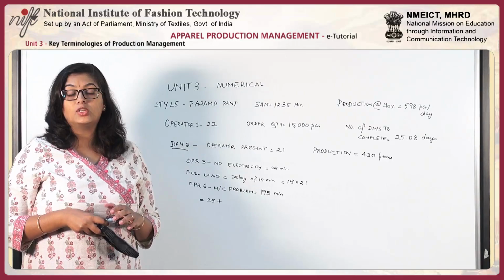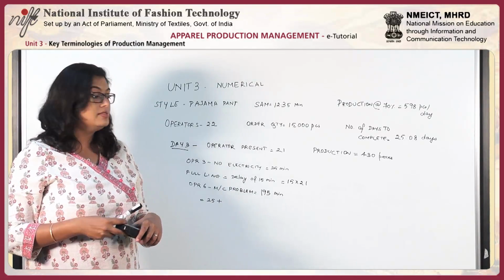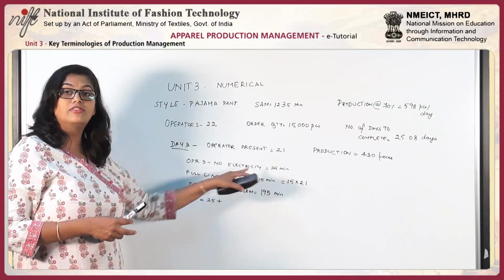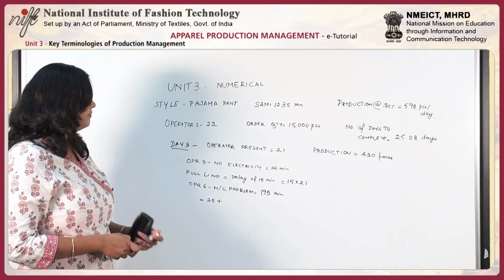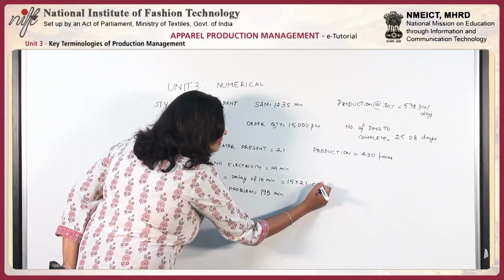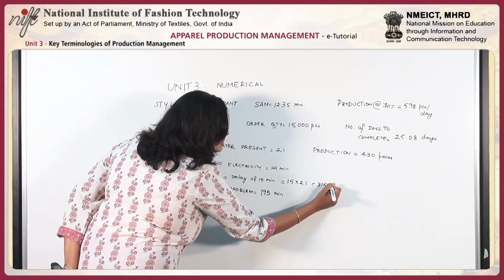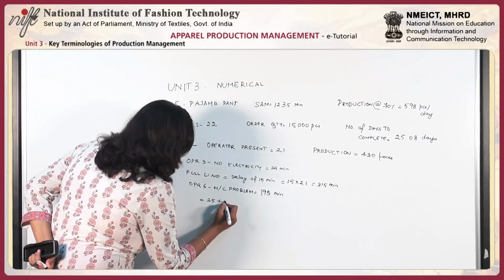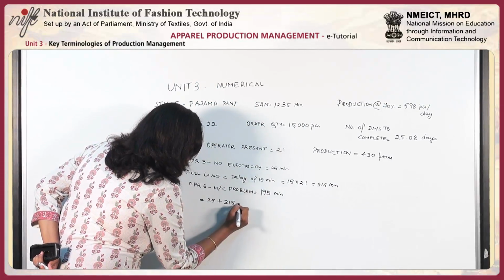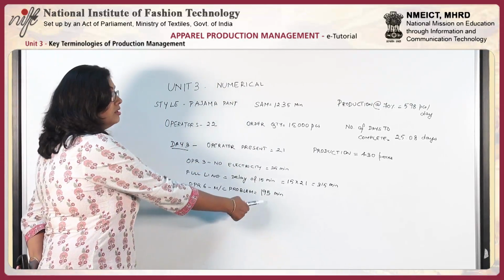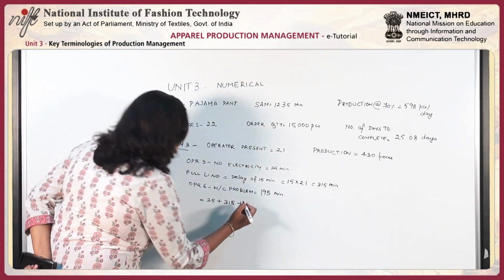So, if we calculate the total off standard minutes, it will be calculated as 25 minutes, that is for no electricity. This 15 into 21, the answer would be 315 minutes. So, that will also get added here. Plus another machine delay of 195 minutes.